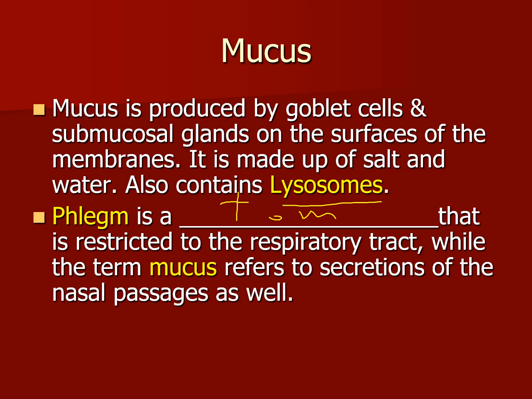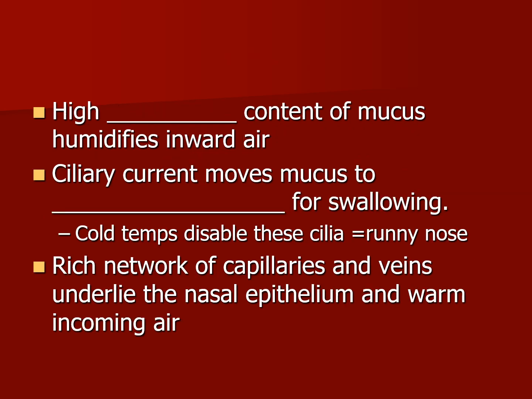So these are all things that we'll refer to as far as phlegm goes. It's very specific to the lower respiratory tract. That's why we like it. That's going to come in very handy for you to use. But remember, a sputum sample is phlegm that is coughed into the mouth to check for cells and infection, things like that.